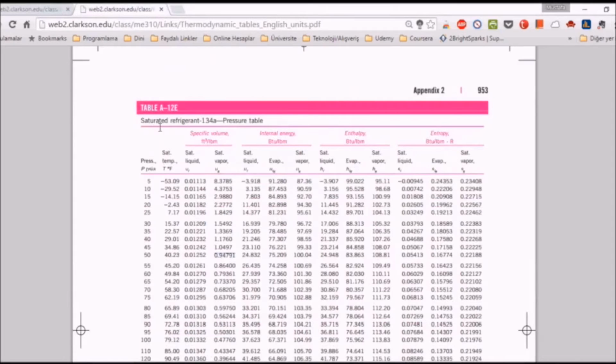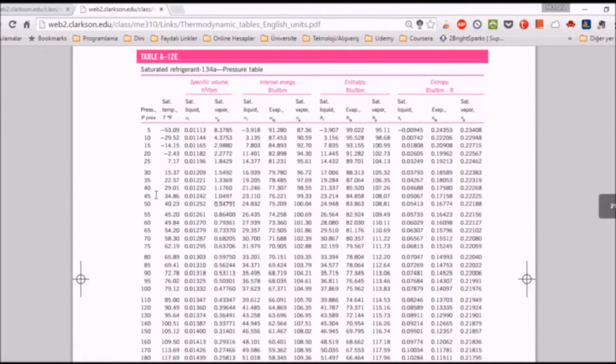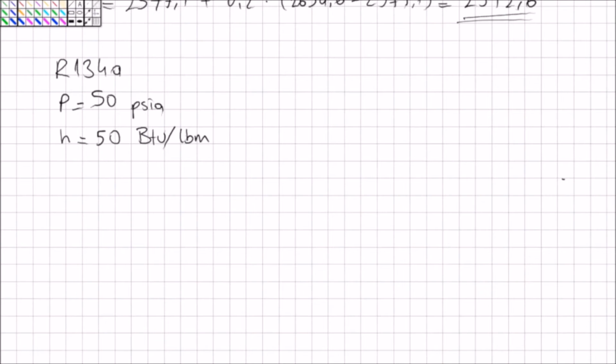Pressure is 50 psi, and we know enthalpy is 50, and we saw that it is placed between saturated fluid and saturated gas values. So we understood that the state of the refrigerant is saturated, so we should calculate quality x values.